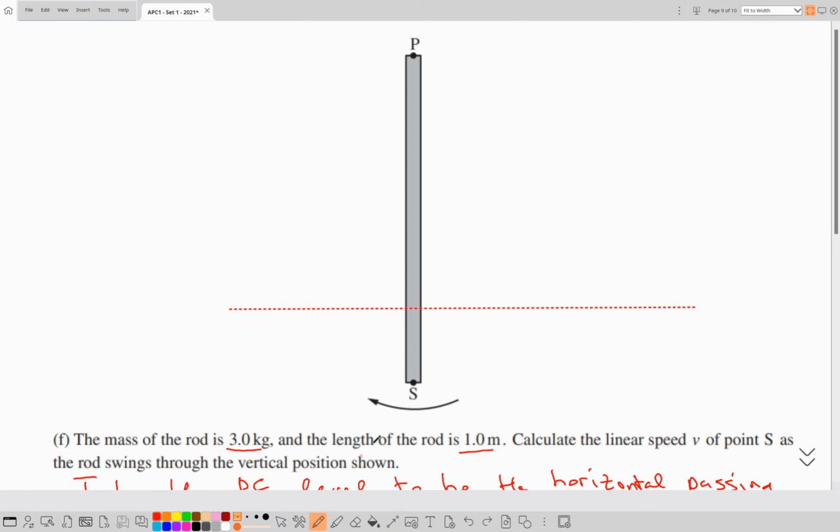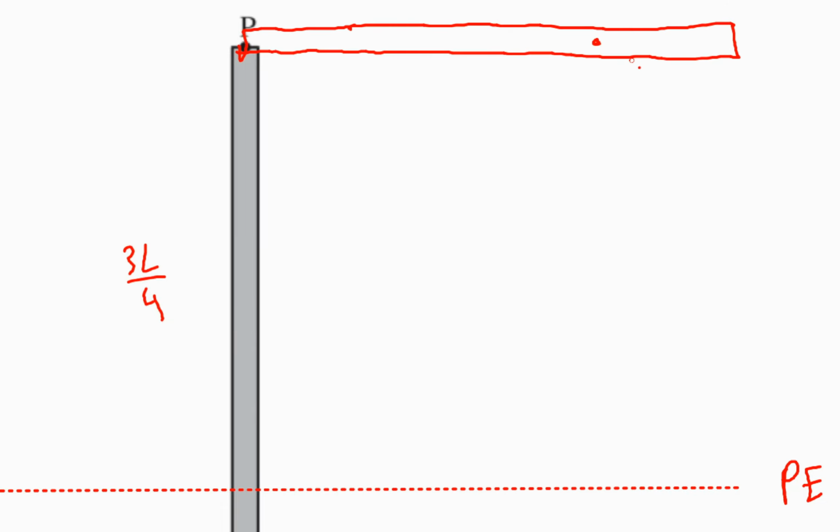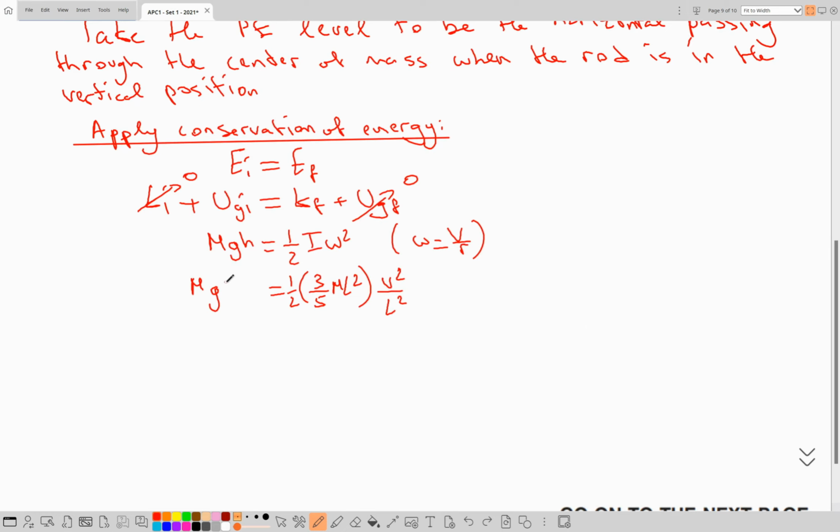And initially the rod was somewhere here in the horizontal position. That distance is 3L/4. So h is the distance from the initial position of the mass to the PE level, and in this case it is 3L/4. You see that it is always important to determine h carefully.